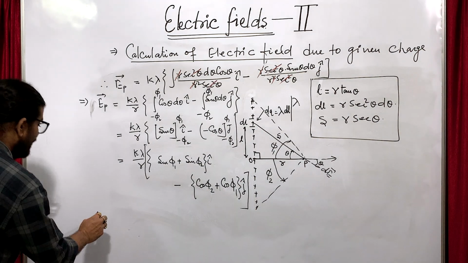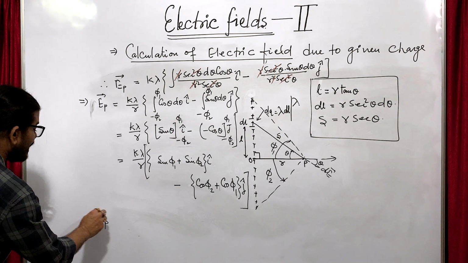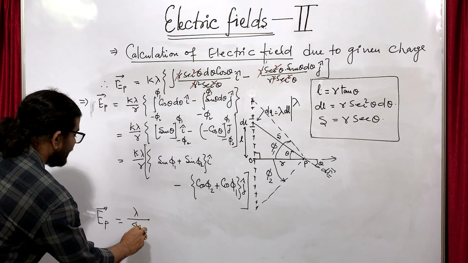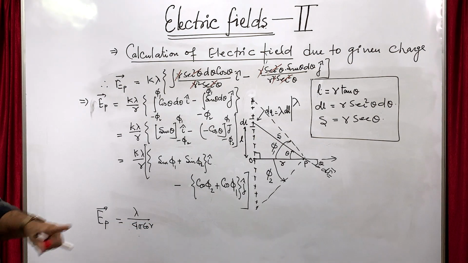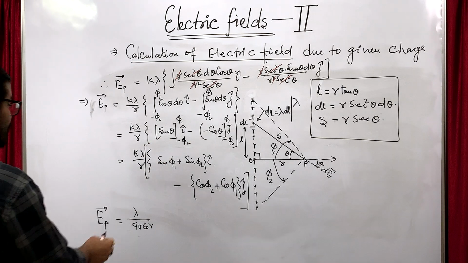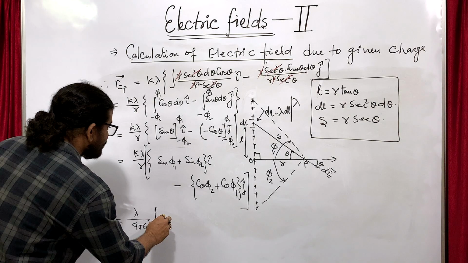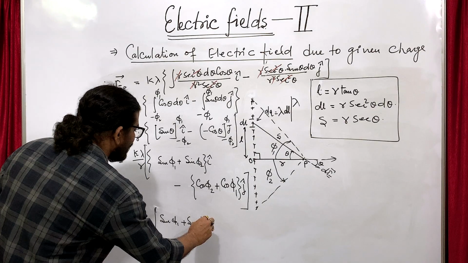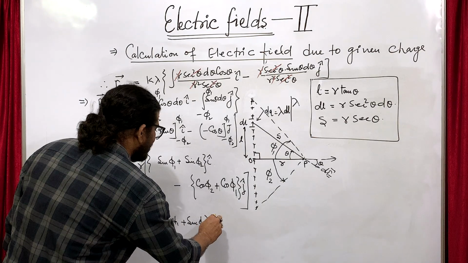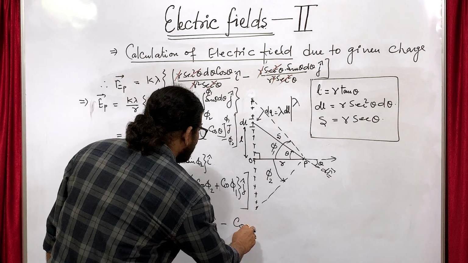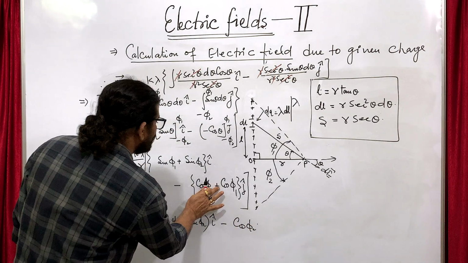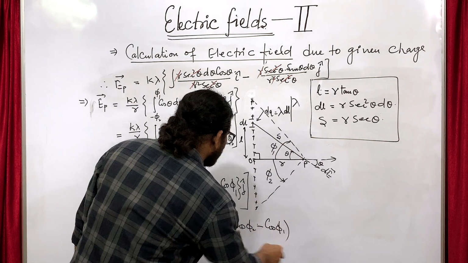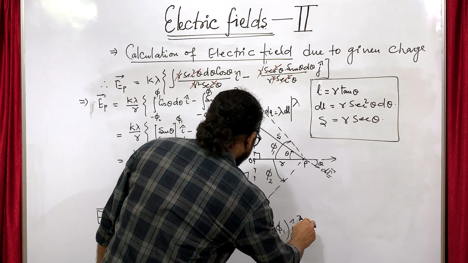So it means EP finally can be written as EP is equal to lambda upon 4 pi epsilon naught into r, if the surrounding medium is air or vacuum, and this can be written as sine phi 1 plus sine phi 2, bracket closed, I cap, and minus cos phi 2 minus cos phi 1, j cap.